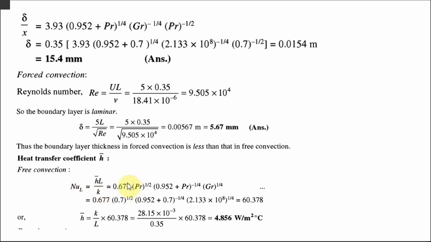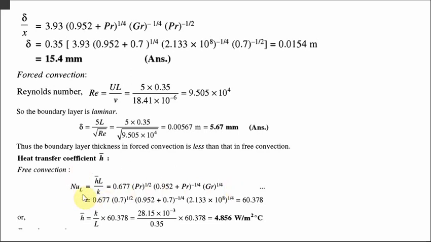That is for local Nusselt number, and at the end of that page it is given that the average Nusselt number is equal to 4 by 3 into the local Nusselt number. So if you multiply 0.508 by 4 by 3, you will get 0.677. So directly we can write this correlation like this.